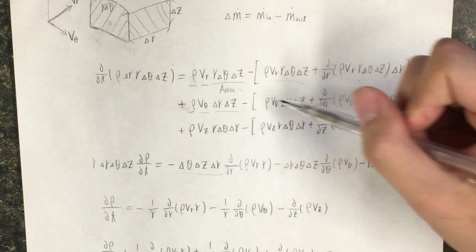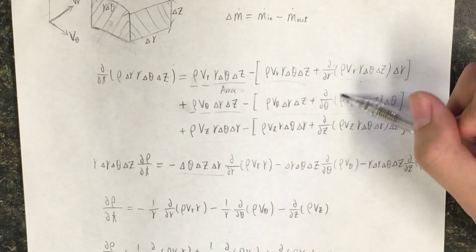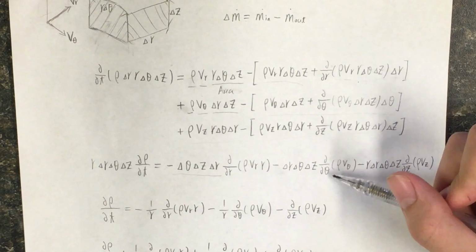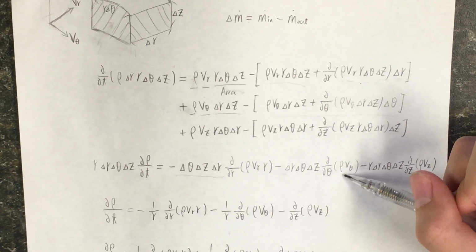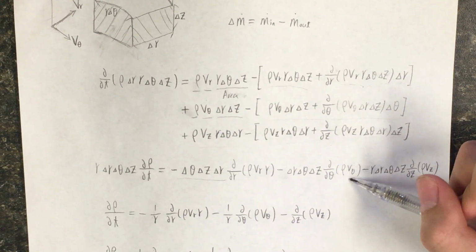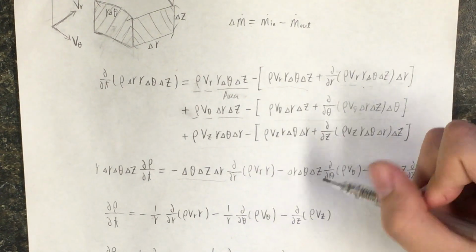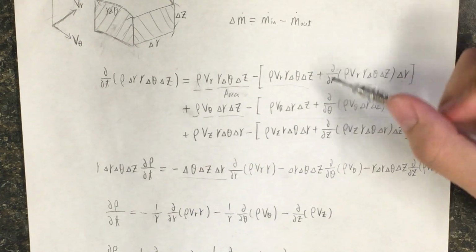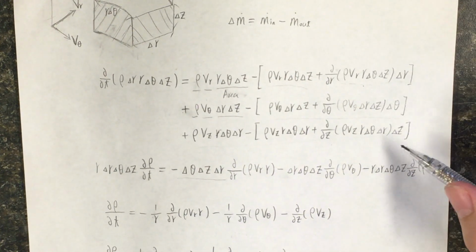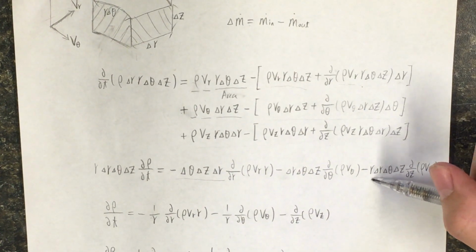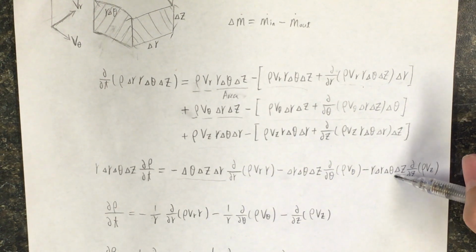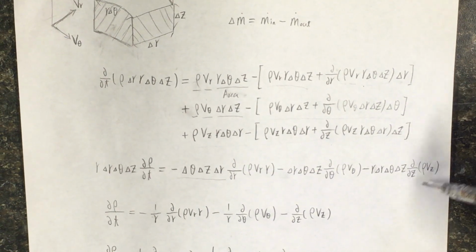And in the theta direction, rho, v theta are all dependent on theta, the angle, and we take delta R, delta Z, delta theta out of the equation. In the Z direction, having the same process, we can take R, delta theta, delta Z out of the equation.